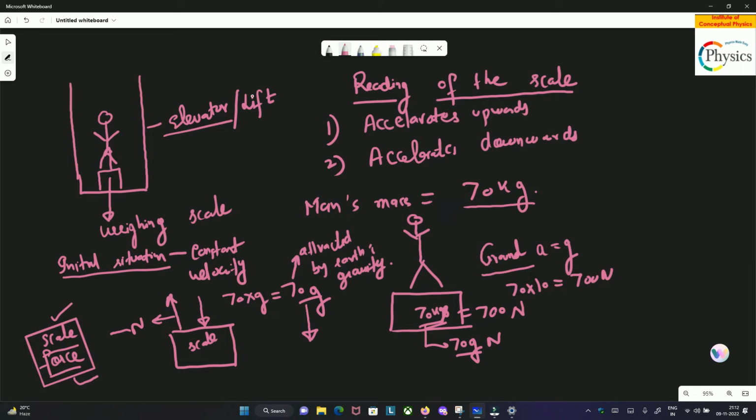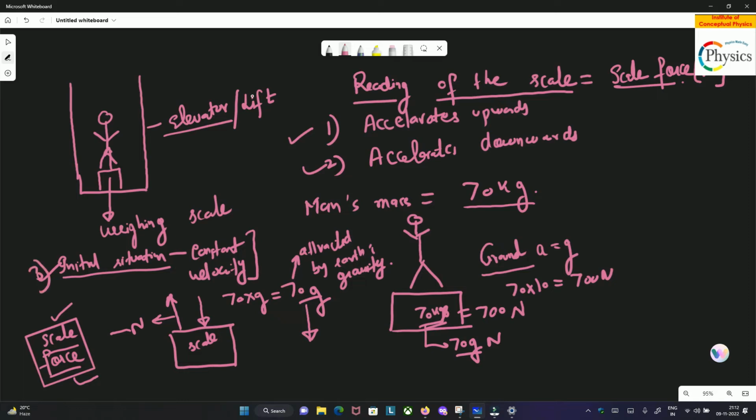So I hope the concept of scale force is clear to you. It is nothing but the normal reaction. Now, what is the beauty? The beauty is that the scale force is the reading of the scale, and that is why I've just highlighted it. The scale force, which we just calculated as the pushback from the scale to the man as a normal reaction, is the reading of the scale.